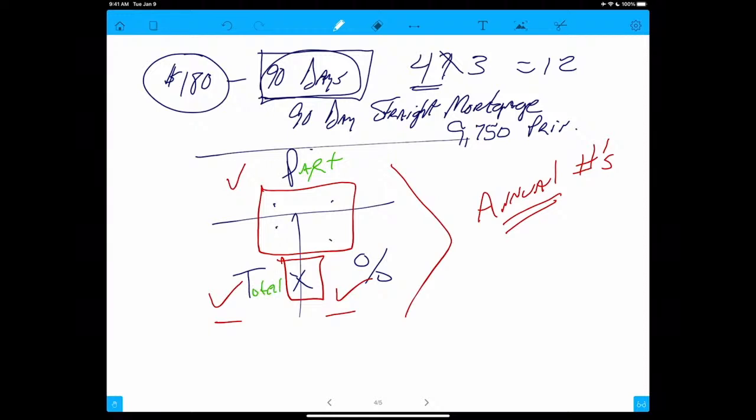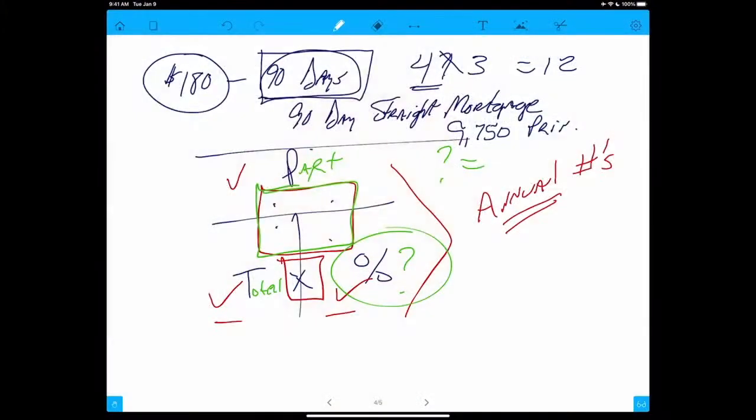Now, the question wanted to know, what's the interest rate? So I can tell you right now, we're solving for the percent. What's the interest rate? That also tells me that whatever I have to do comes down to a division. I have to divide. The question is, where do I put those two numbers?